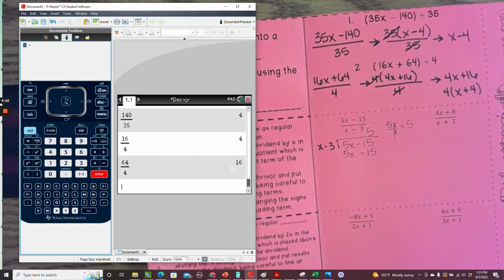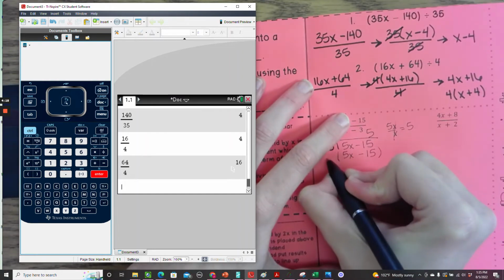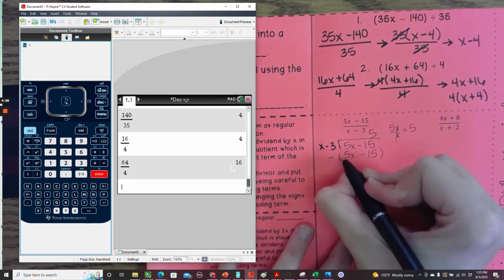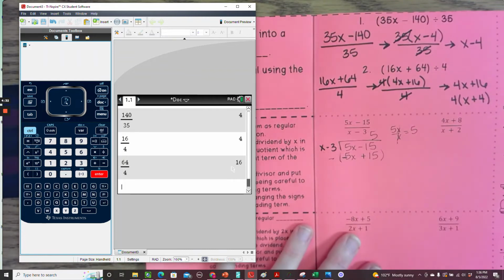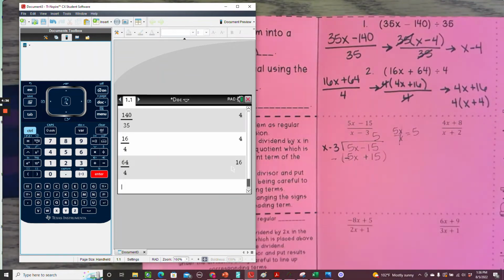Now remember, when we do long division, we subtract. So I need to take this whole thing and subtract it. Here's where things get tricky. By subtracting it, I'm changing the sign of everything. I'm making this a negative 5x and this a positive 15, because technically I'm multiplying that entire expression by a negative 1.